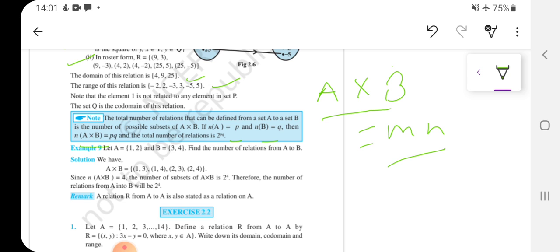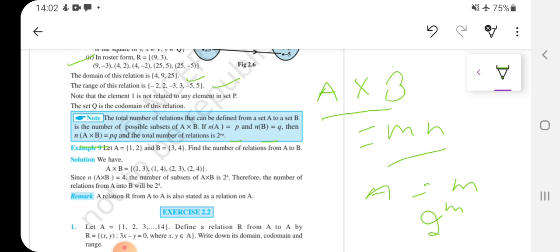Now, A cross B has mn elements, so how many subsets will A cross B have? As you know, if a set A has m elements, its number of subsets will be 2 power m, right? As discussed in the sets chapter. A cross B has mn elements, so A cross B will have 2 power mn subsets.